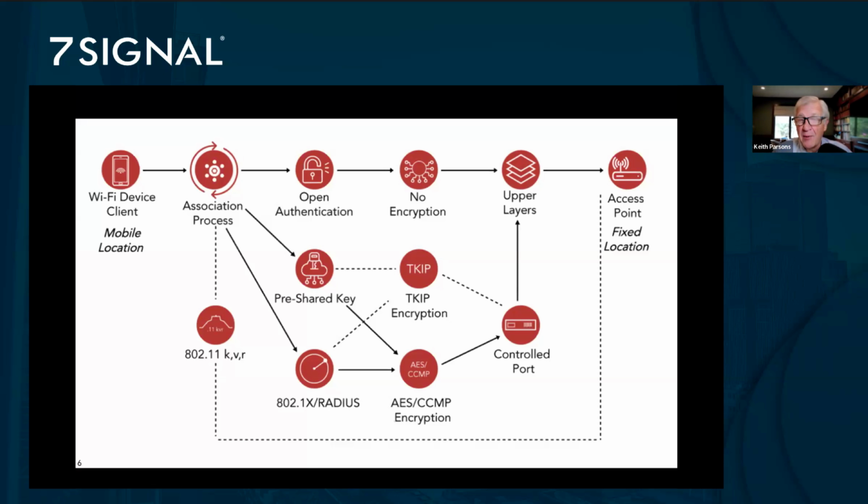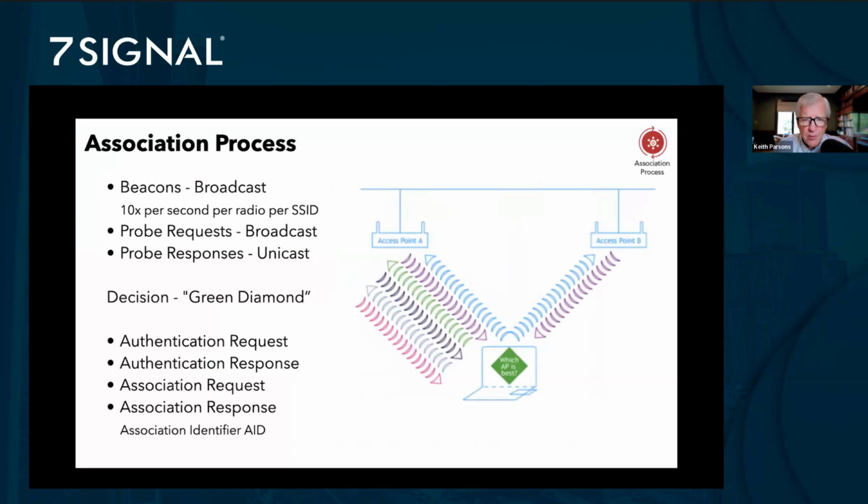Now, your Wi-Fi might not be doing what you want it to do, but the association process worked. The association process, this slide, if it looks old, it's because it's probably 25 years old, and it hasn't changed in 25 years. The process is still exactly the same. Beacons transmit out 10 times per second per radio per SSID.